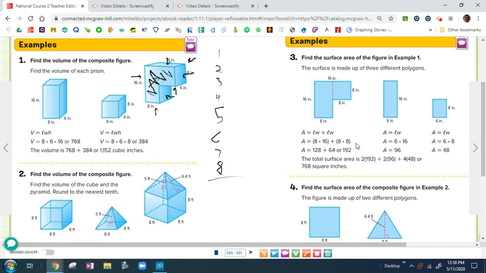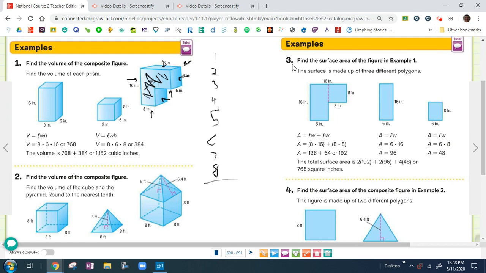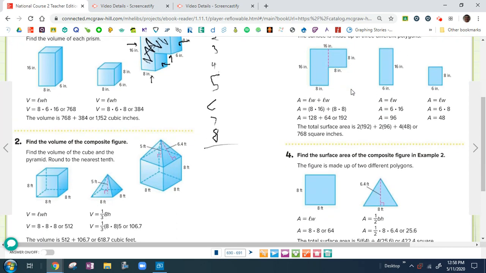Okay, so let's look this over. So they drew out this front surface. They cut it into 2 surfaces. And then here, it shows them doing the area of that thing all in one. I lost my pen here.